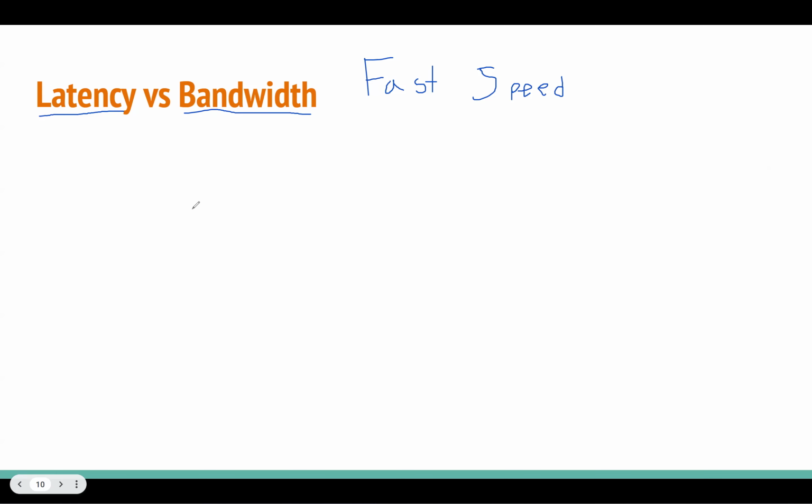Latency is the delay between sending and the other end receiving a signal. Yes, exactly. So if we're buying bandwidth from our internet service provider, when would latency ever be an issue?